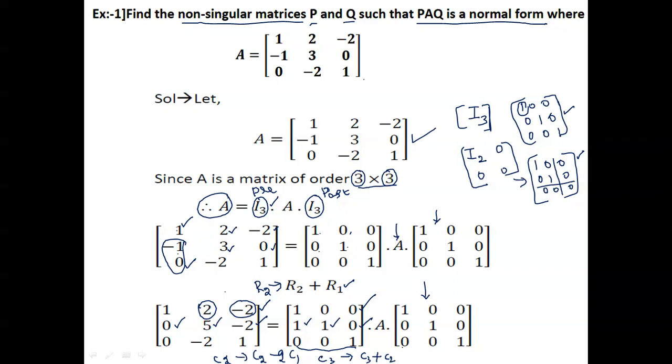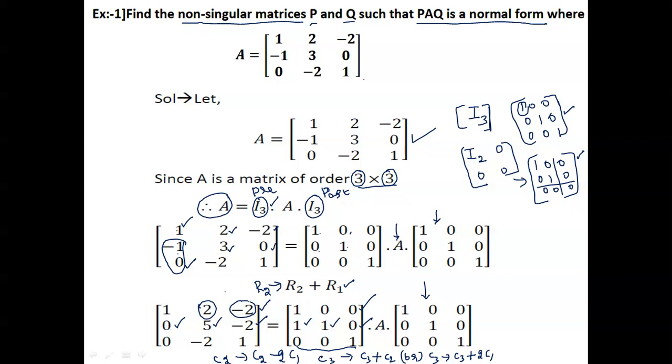Or C3 tends to C3 plus 2C1. So either the first operation or the second operation, both give the same result. The first element in the third column will be 0.